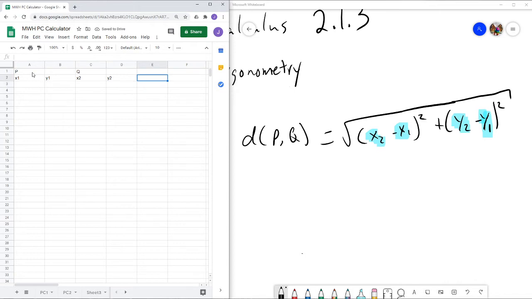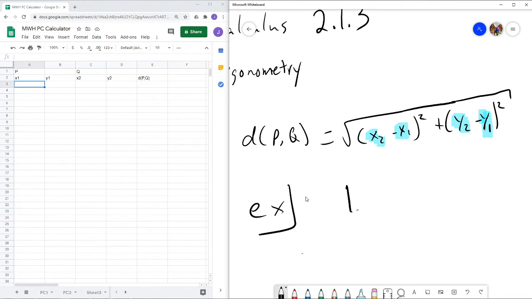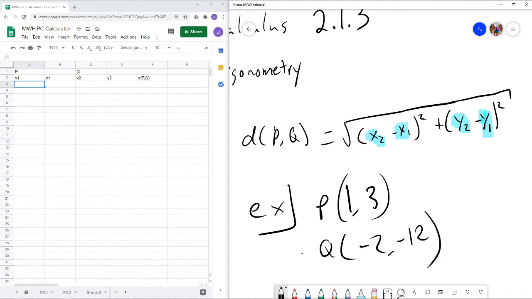And then we'll call this D between P and Q. Alright, so if we have, for example, 1, 3, here's P, here's Q, how about -2, -12, why not? So, plug in our values for P, there's 1, 3, -2, -12. Now the distance from P to Q.